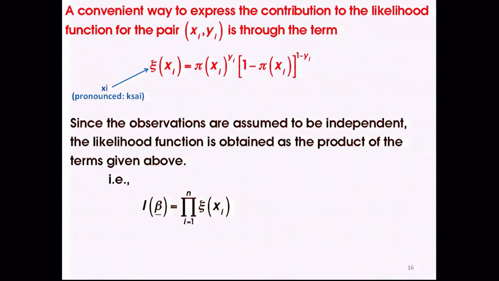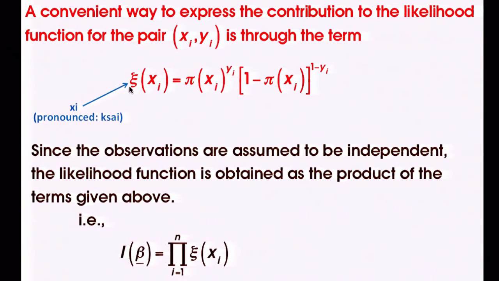Now, a convenient way to express the contribution to the likelihood function for the data x, y is through this term, this Greek symbol xi. Okay, and xi of x is pi of x to the y-th power times 1 minus pi of x to the 1 minus y-th power. Now, this is a very interesting function.